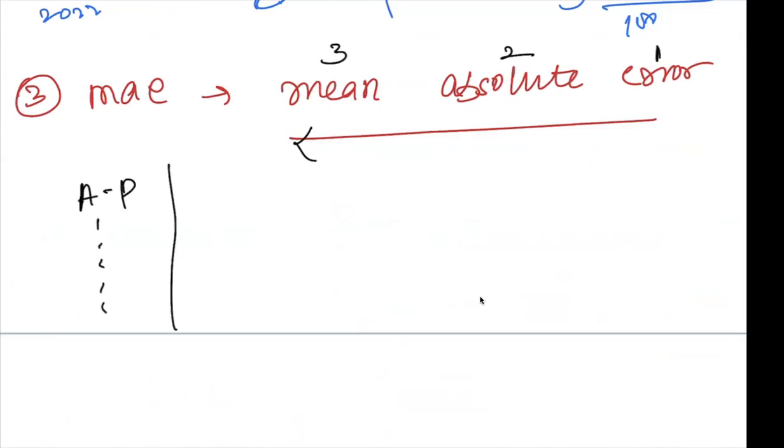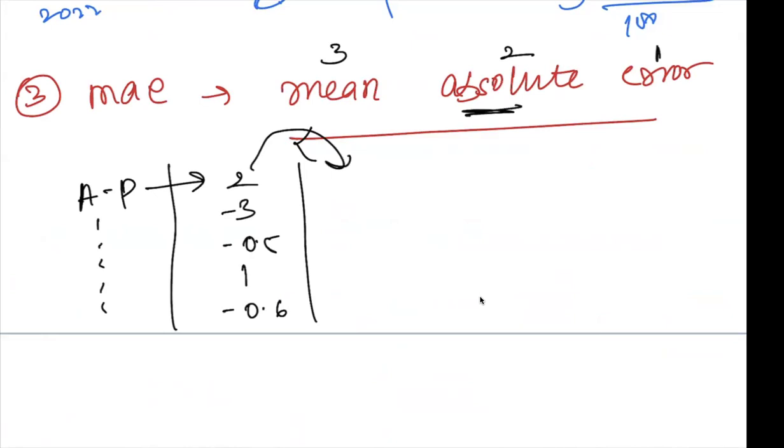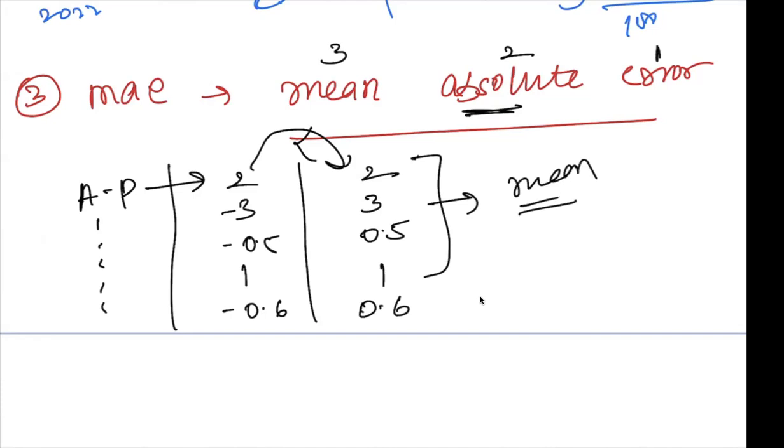Let's say the values come out to be something like 2, minus 3, minus 0.5, 1, 0.6. You'll take the absolute. Absolute of 2 is 2, absolute of negative 3 is 3, absolute of negative 0.5 is 0.5, 1 is 1, and 0.6 is 0.6. Then you'll take the mean of this to get your MAE.